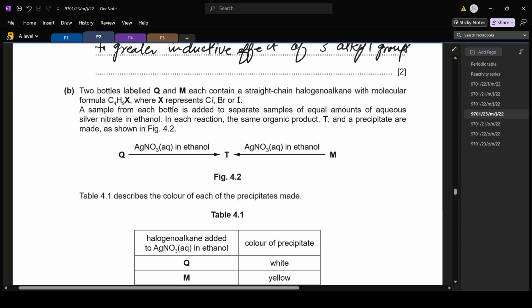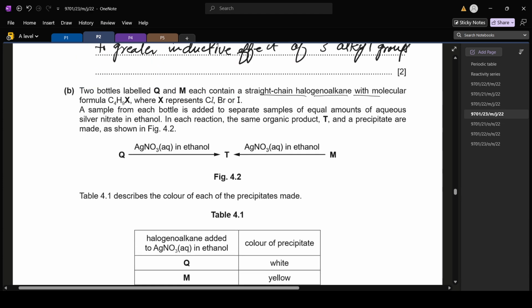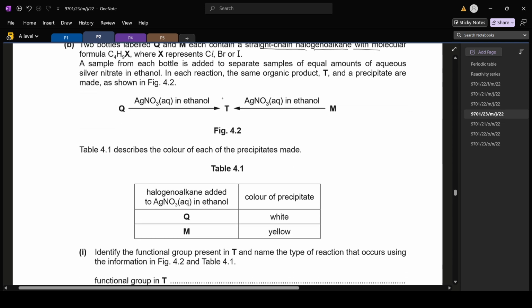Part B. Two bottles labeled Q and M each contain a halogenoalkane with a molecular formula C4H9X, where X represents Cl, Br, or I, which is chlorine, bromine, or iodine. A sample from each bottle is added to separate samples of equal amounts of aqueous silver nitrate in ethanol.